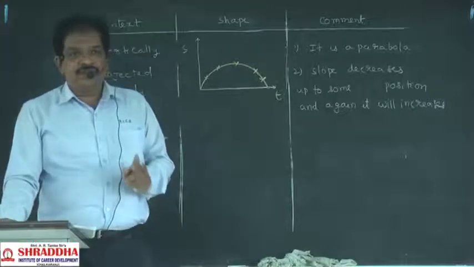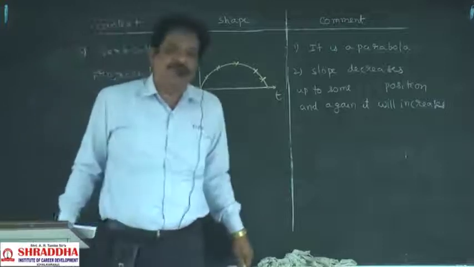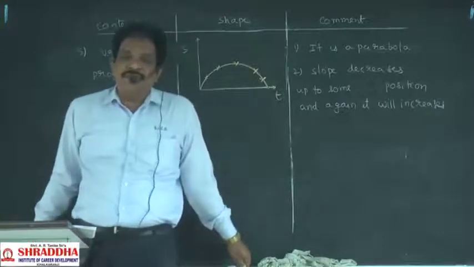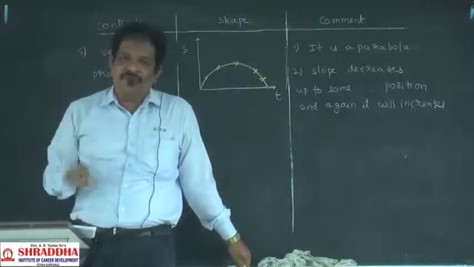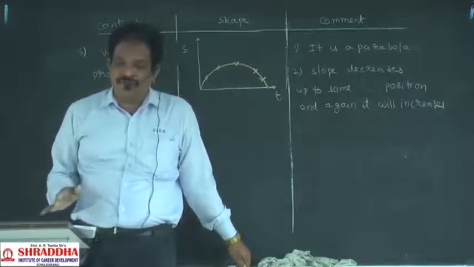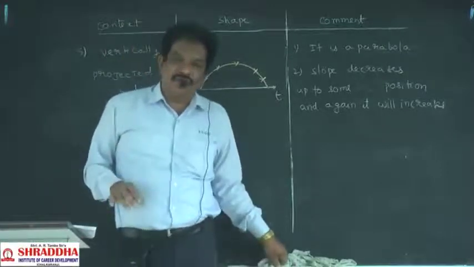If the displacement time graph is a straight line parallel to the x-axis, it represents that the body is at rest. If it is a straight line passing through the origin, it represents that the body is moving with uniform velocity.